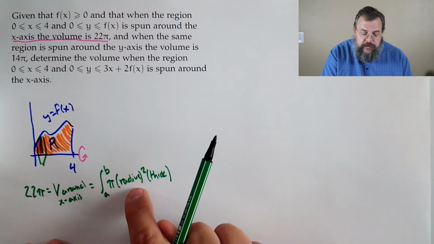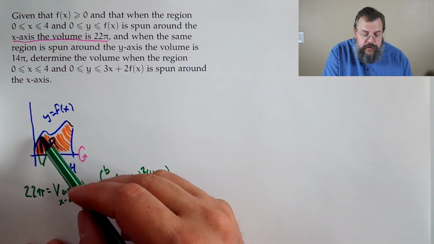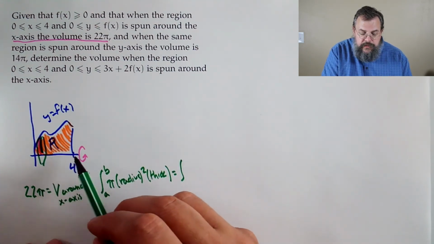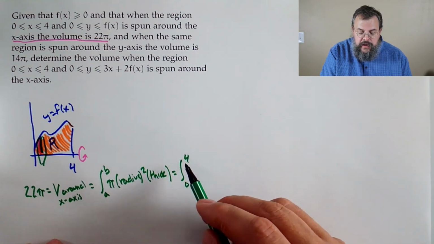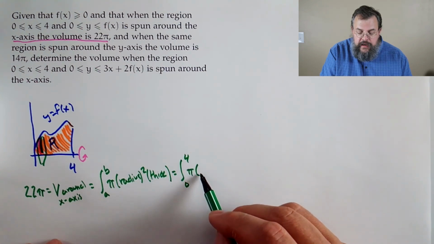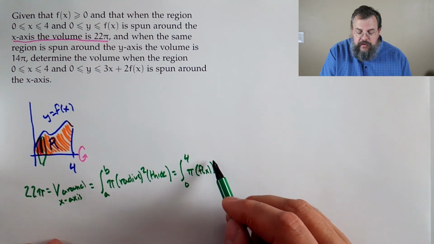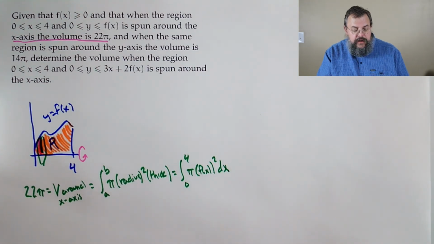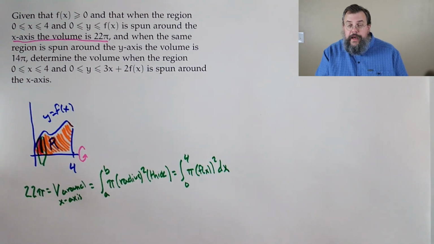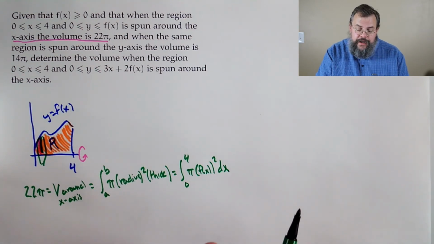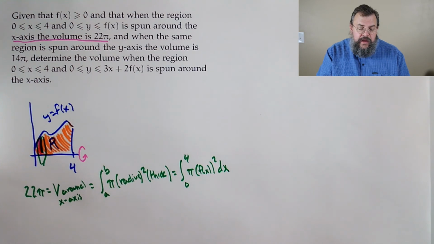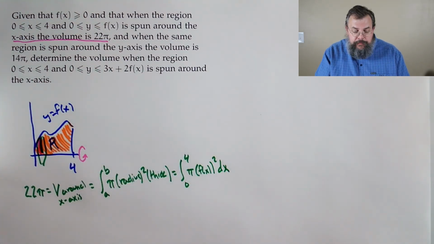Now in our case, the radius is up to the function. So our bounds are 0 to 4, and then we have our pi f of x squared dx. Okay, good. So now we have some information. We know how to compute pi times f of x squared dx. Okay, so that's sort of that first sentence, but we keep going.